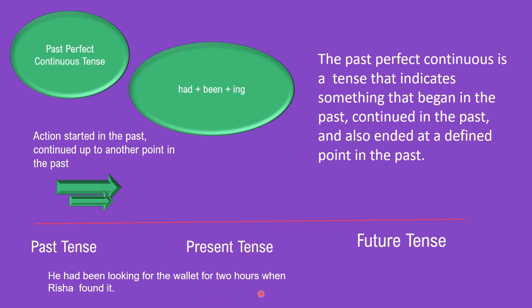It could be 2 hours, 4 hours, last week. So whenever you have to narrate an incident which was ongoing and did stop at a particular time, you should use past perfect continuous tense. Now in simple past continuous tense, for example, it was raining yesterday.